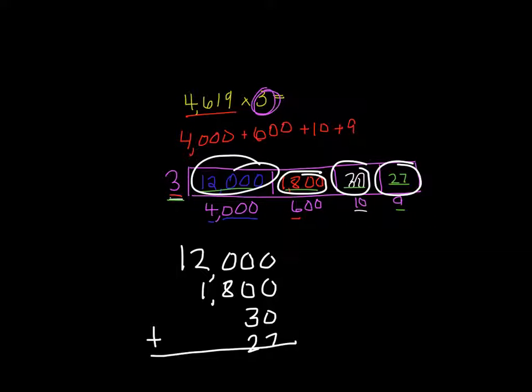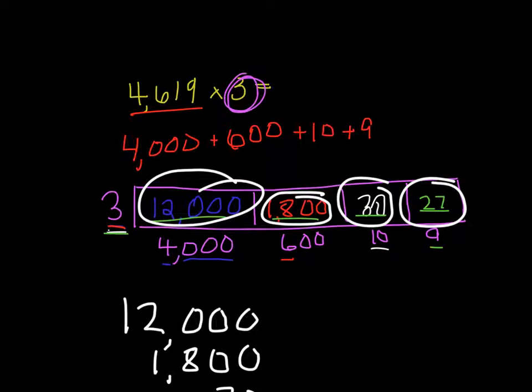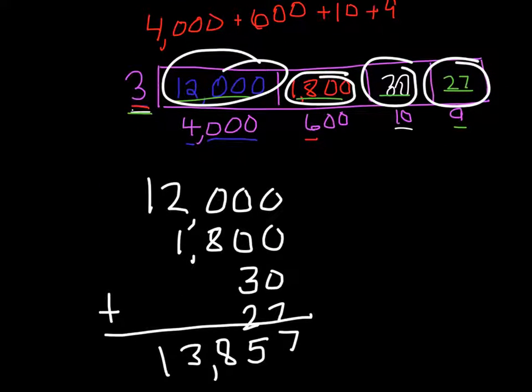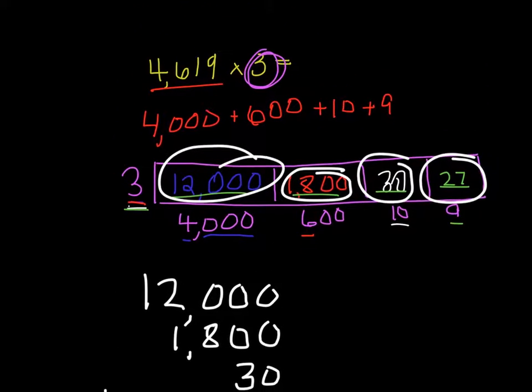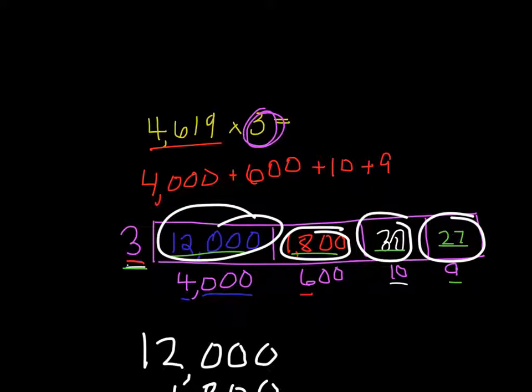When I add the partial products together, I get the final total product. So the answer to 4,619 times 3 is 13,857.